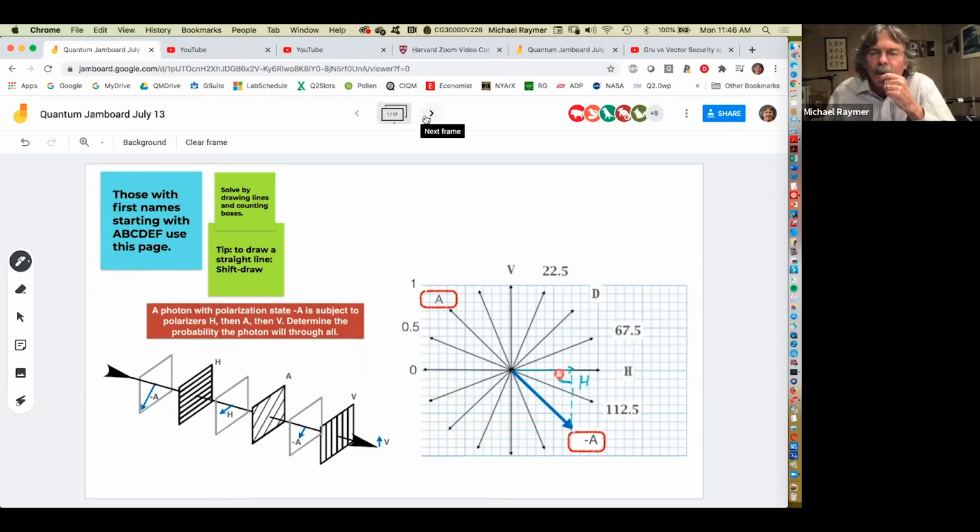And it's actually better to use the straight click Shift Draw, because we're going to make this quantitative. In other words, we're going to use the graph paper. When we get the final vector, we're going to measure the length of it using graph paper and then square the number. So if you could erase that hand-drawn version, thank you, and then use the Shift Draw method from the very tip of the blue arrow.